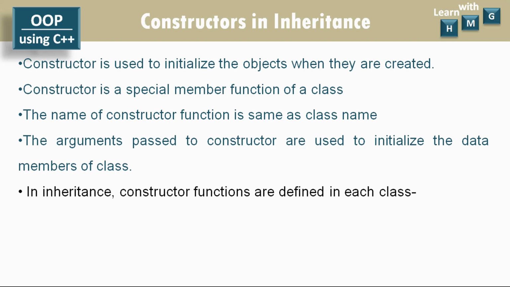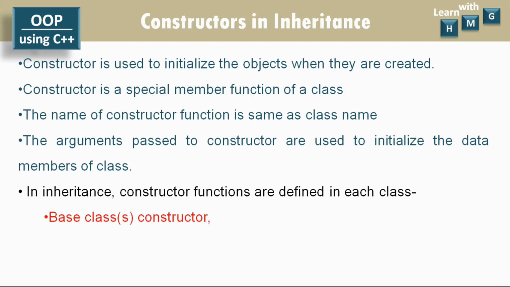Now, in inheritance, constructor functions are defined in each class. We know that in inheritance there is a base class, there may be an intermediate base class, and a derived class, and there may be one or many base classes and one or many derived classes. In all these classes you have to define the constructor.